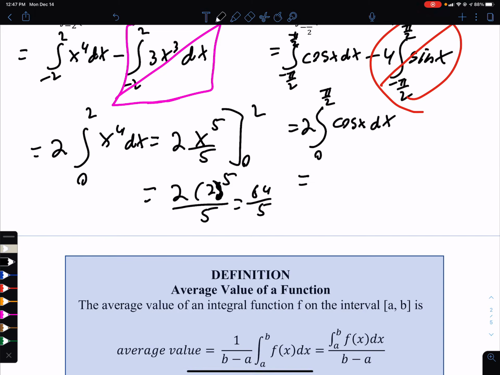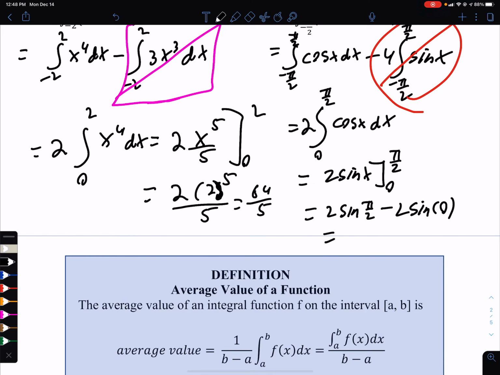The antiderivative of cos x is sine x. I'm going to go from 0 to pi over 2, which will be 2 sine pi over 2 minus 2 sine 0, which is 2 minus 0, which is 2. Bam! So I'm taking advantage of my odd and even properties to do integration.